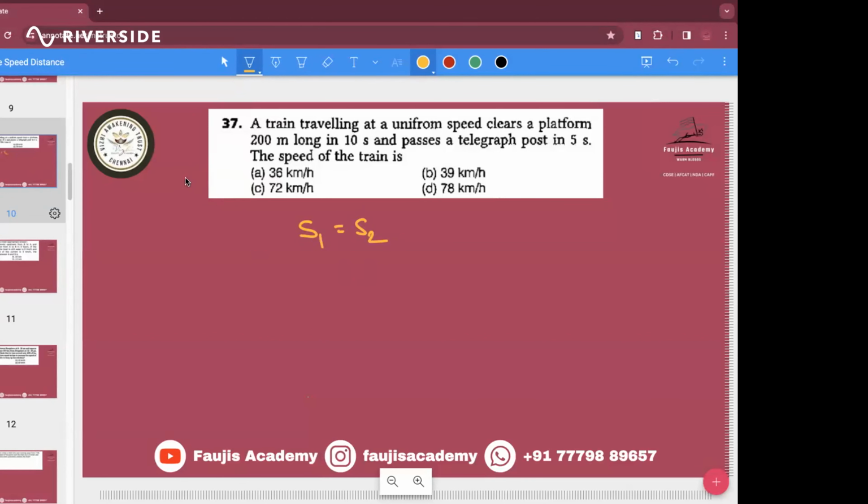And if your answer comes to something which is not in any of those 4 options, please tell how much it is coming. Sir, I'm getting the answer around 144 kmph. Who is that? Rita, sir. That's correct.